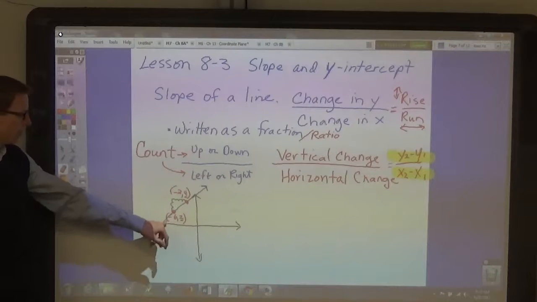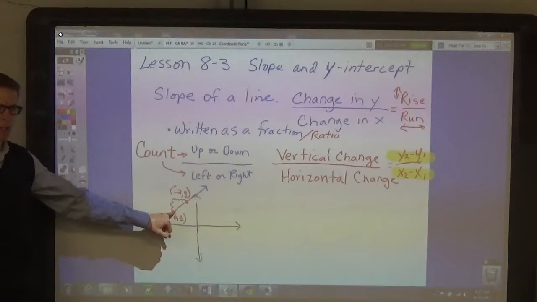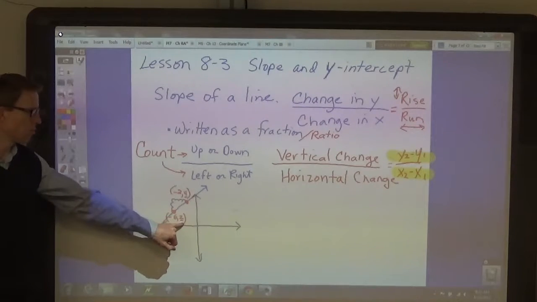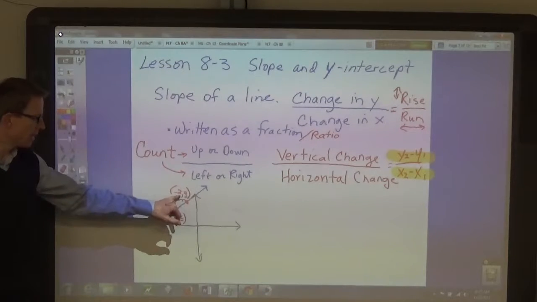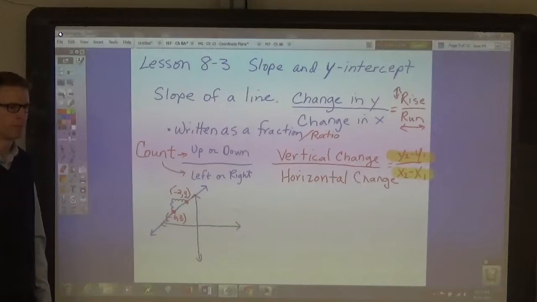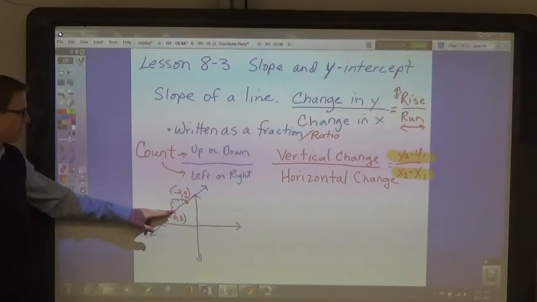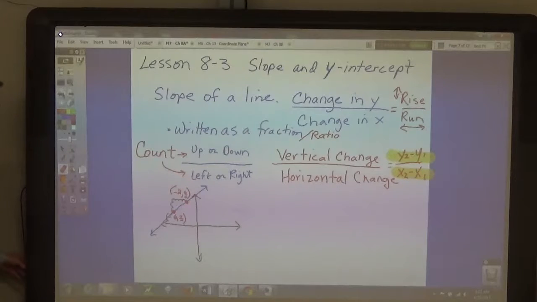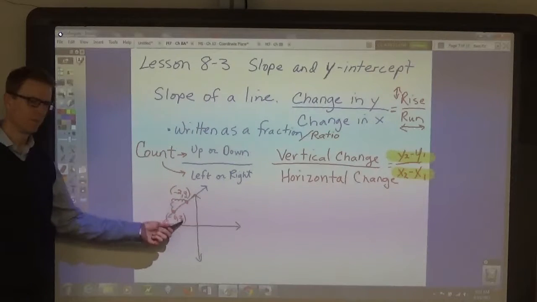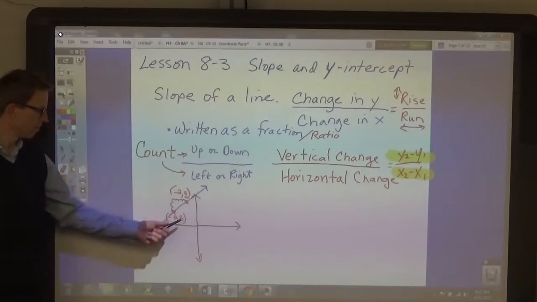So in this example, we have a point marked at -6, 2. And another point marked at -2, 4. So if we counted up from 2 to 4, how much is that? From 2 to 4? Yep, 2.